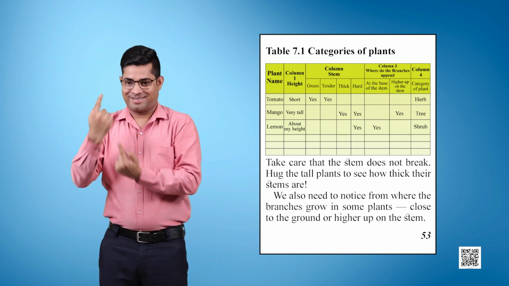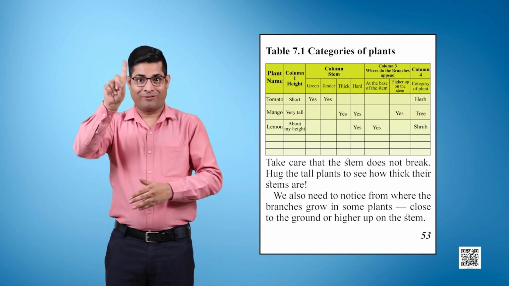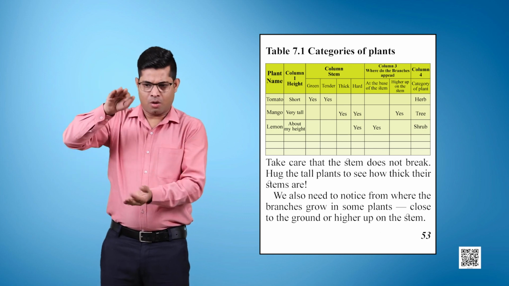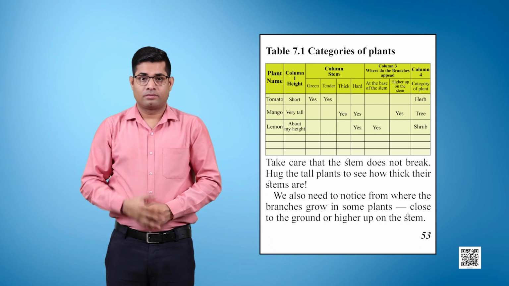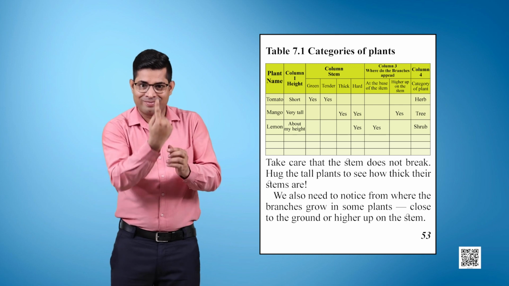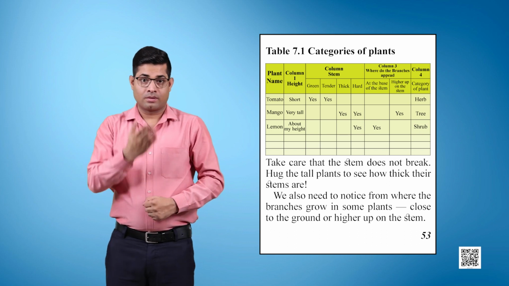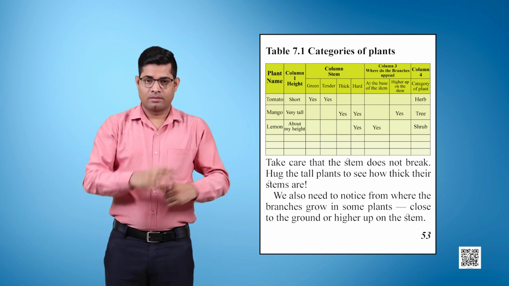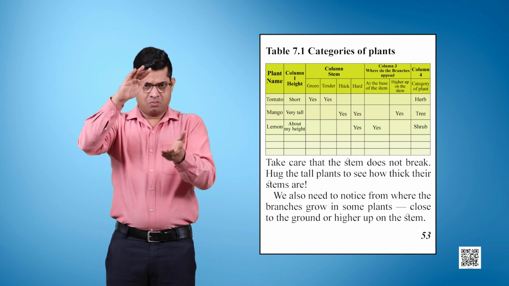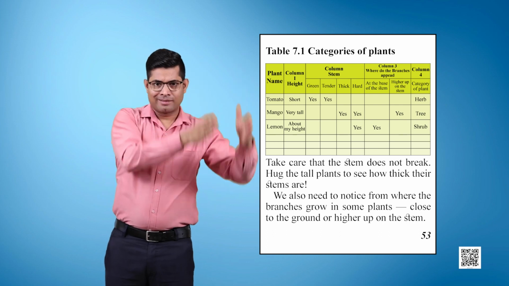The table is divided into different columns named as plant name, column 1 height, column 2 stem, column 3 where do the branches appear, column 4.